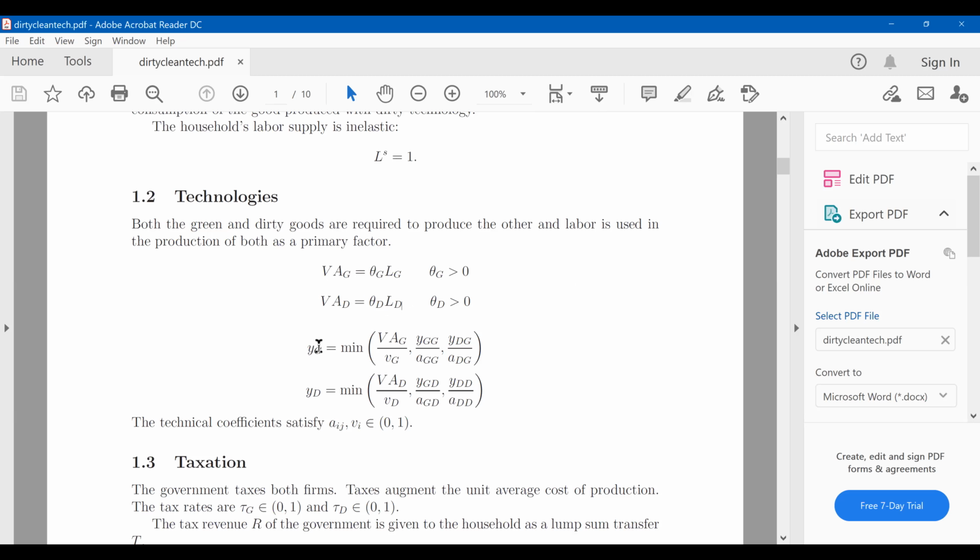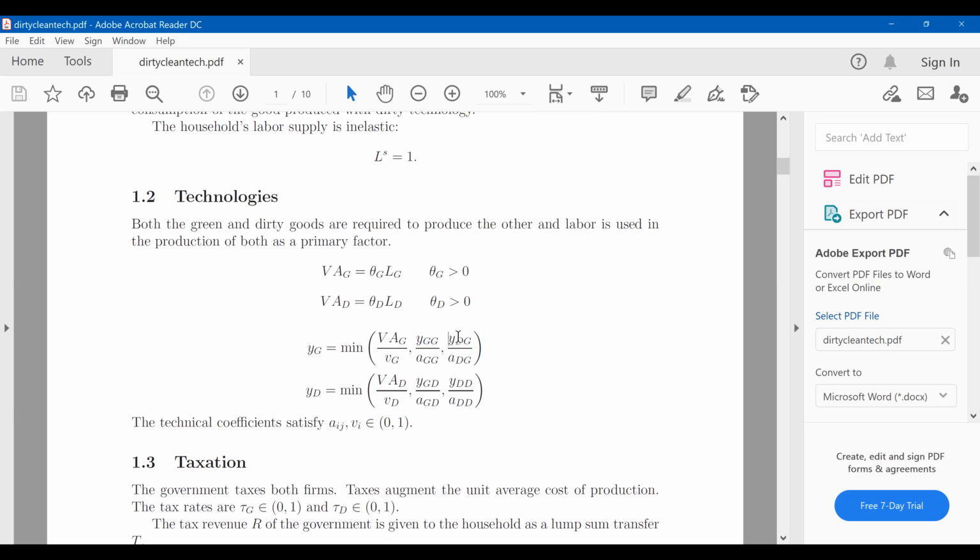Now, of course, total output will be determined by this Leontief production function. Why? Because there are input-output relationships, right? So when the green firm produces YG, this is tied to value added, and it is also tied to the intermediate inputs the green firm uses by itself. So this is the green firm's own output used as intermediate input, YGG, okay?